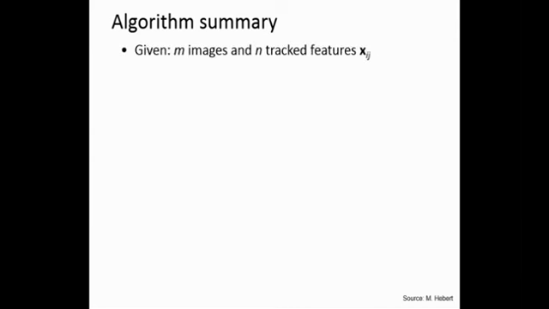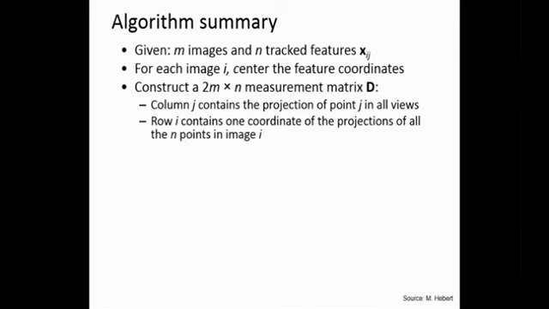This is the one that you'll be implementing based on your track points in homework 2. We'll assume for now that you see every point in every image. For each image i, you center the feature coordinates by subtracting the mean U and V value within each image.